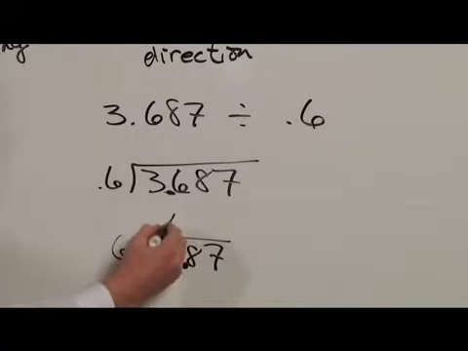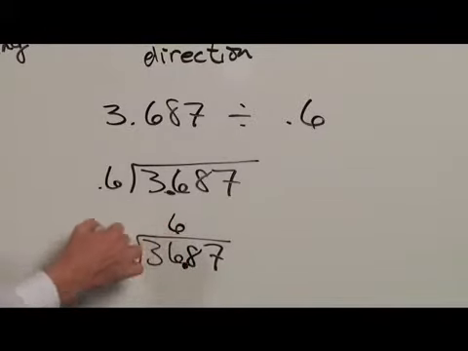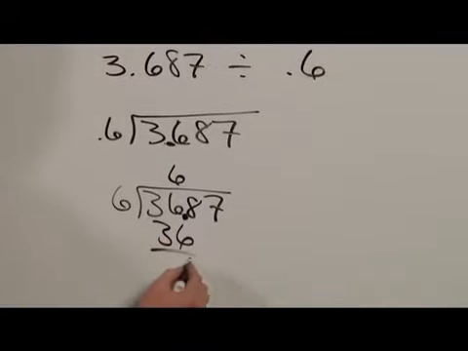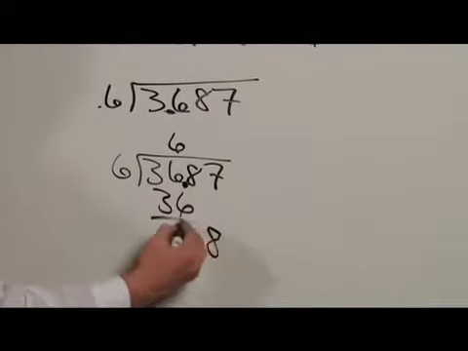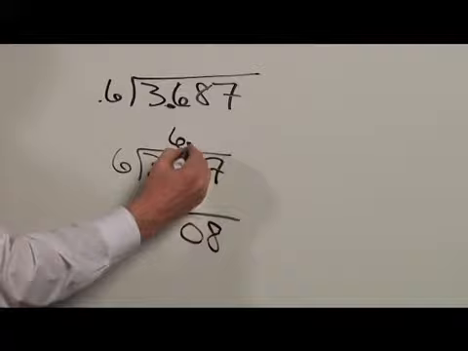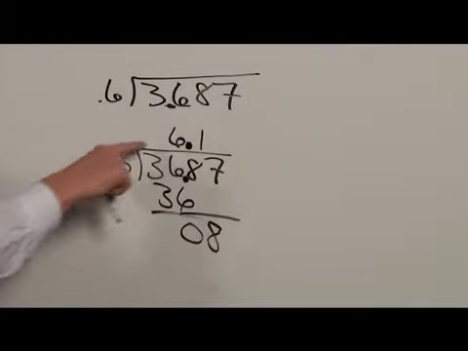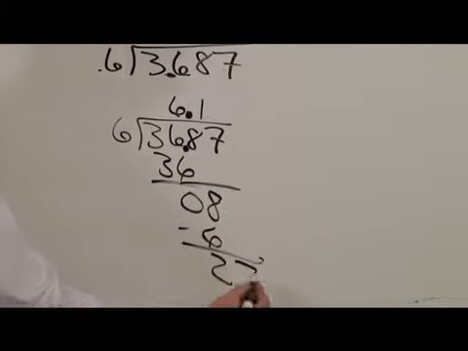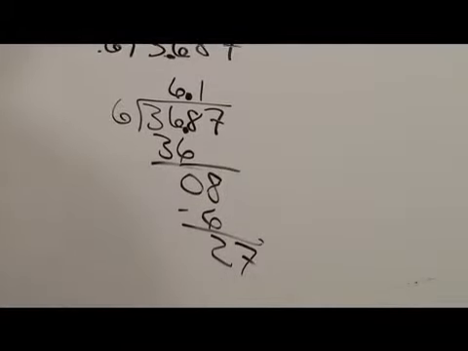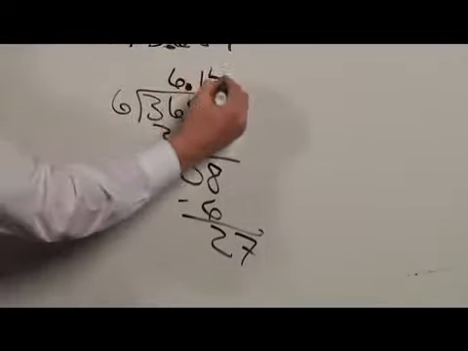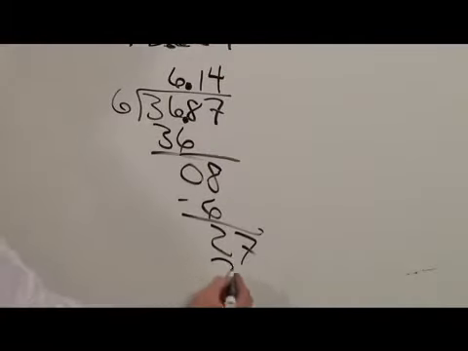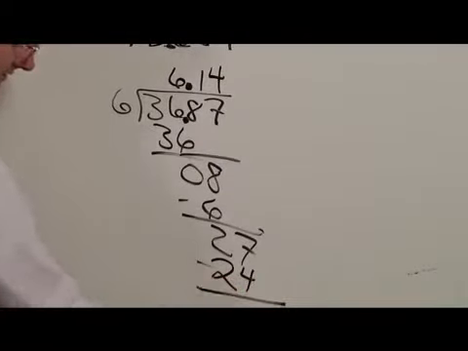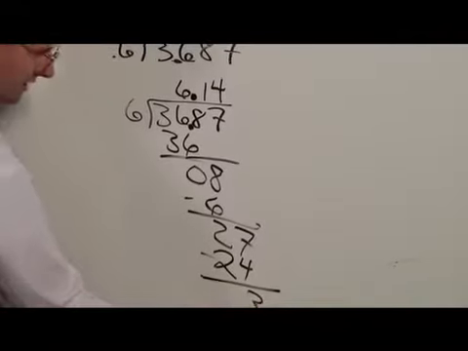So 6 goes into 36 6 times. Multiply it down. Drop down the 8. 6 goes into 8 1 time. So we have 1 times 6 is 6. 2. And drop down the 7. 6 goes into 27 4 times. 7 minus 4 is 3.